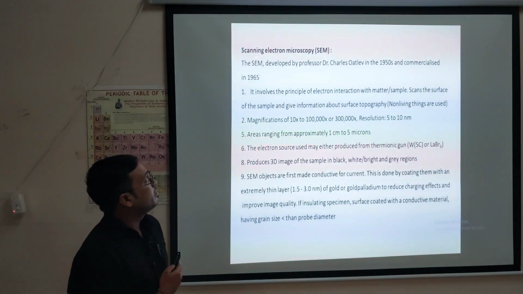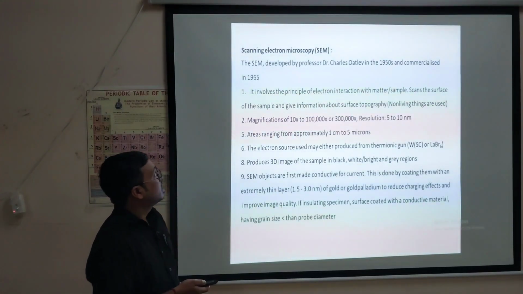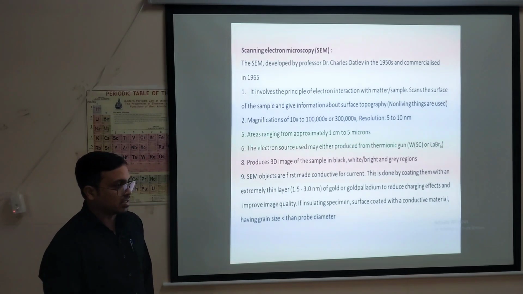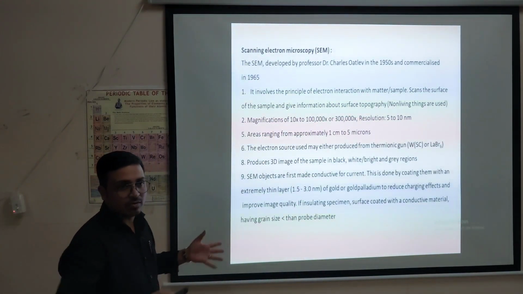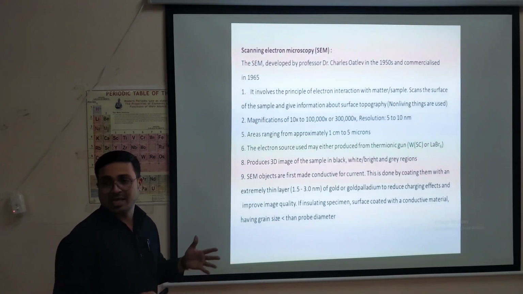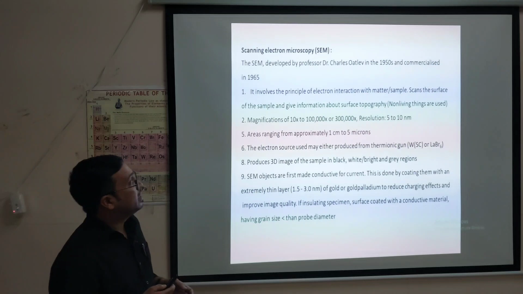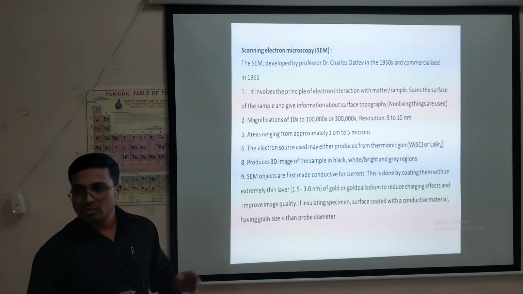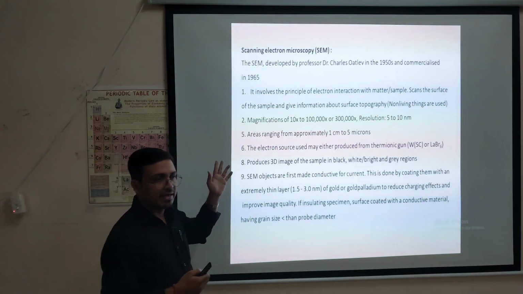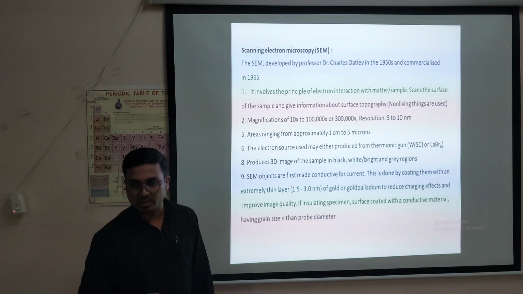As the name itself suggests, scanning means it will scan the sample many times and give you a picture of it. So in detail, in the working principle, we will go into how it scans, what the function of the different parts it is fitted with is, and it was commercialized in the year 1965. Okay. And in the year 1985 or 86, they got the Nobel Prize for this electron microscopy technique.